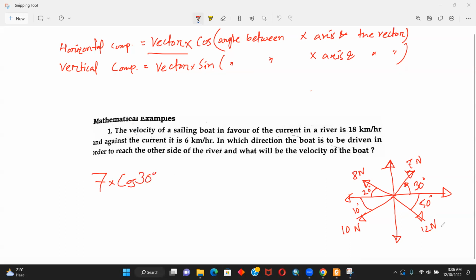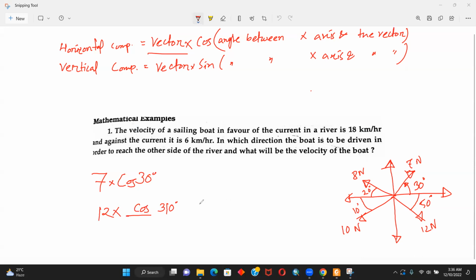Now tell me, what will be the horizontal component for 12 newton? Step by step. First of all, what do we write? 12 times cos, times what? 310. 310, that is the angle. And what will be the trigonometric ratio? Cosine, right?